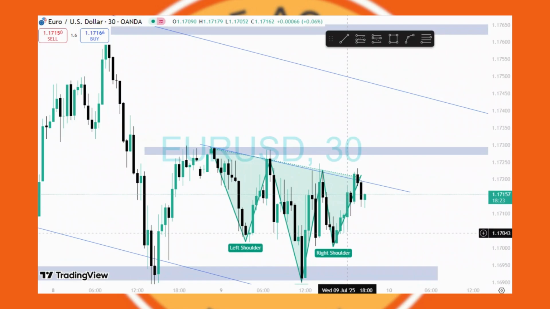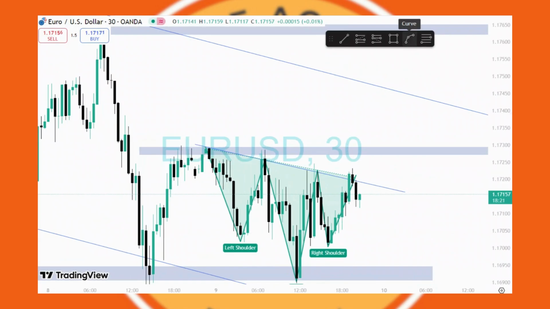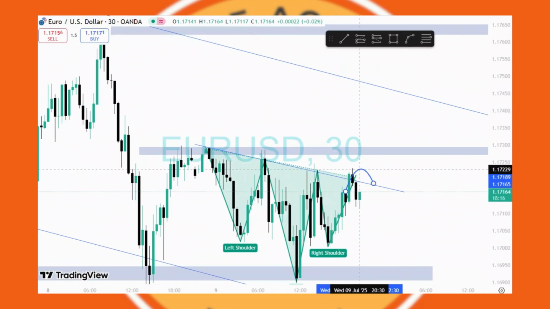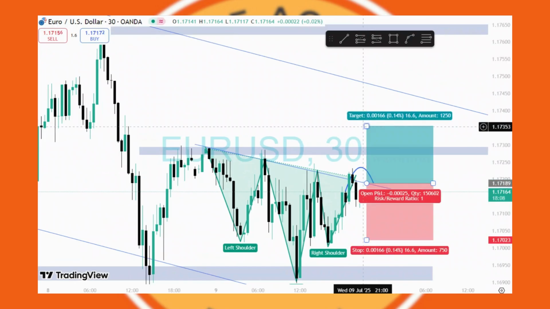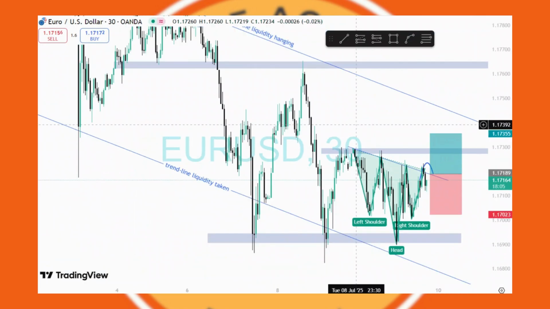That looks like a head and shoulders. So this is what I'm going to do, guys. Once the market breaks out of this head and shoulders, I'll just take my trade there.